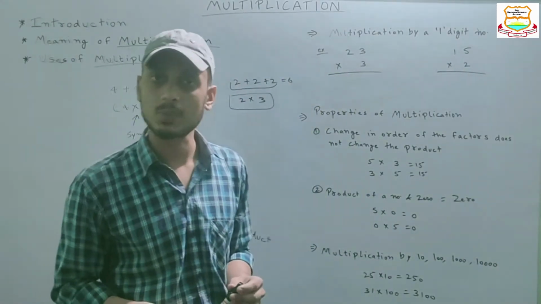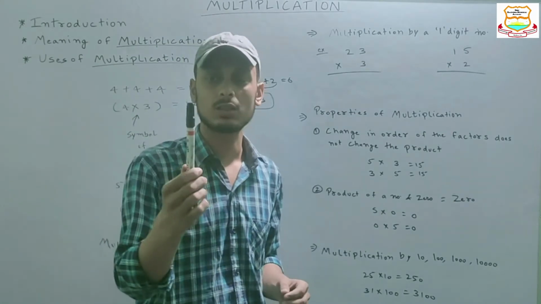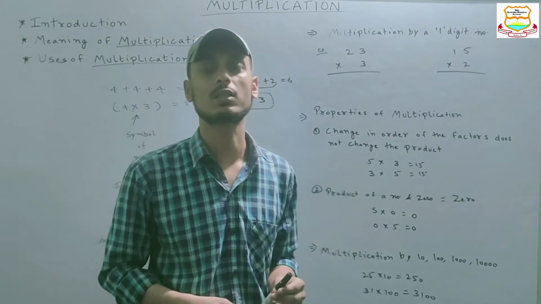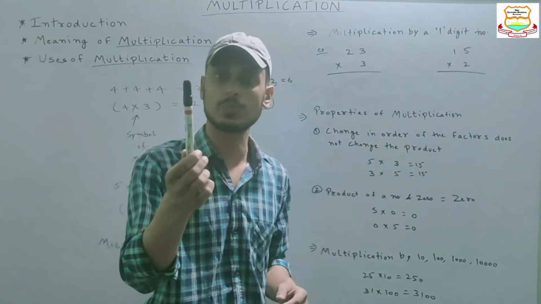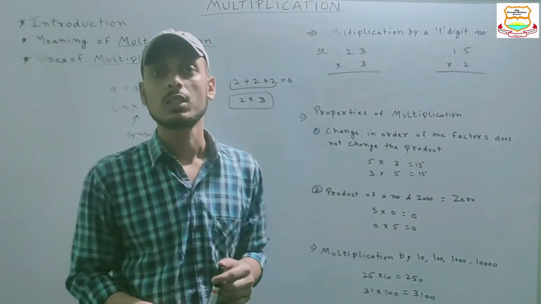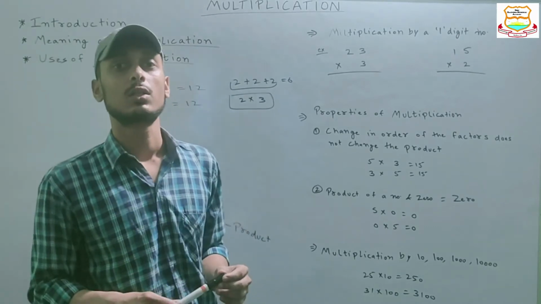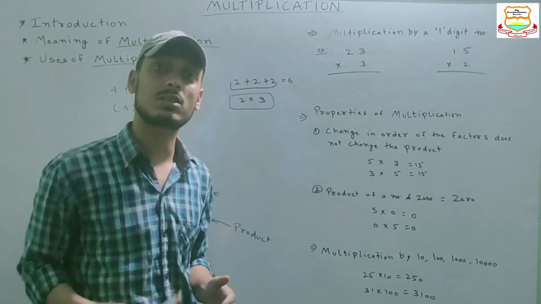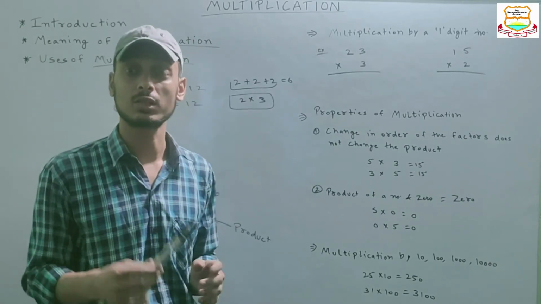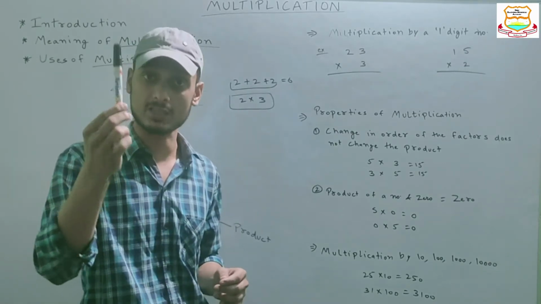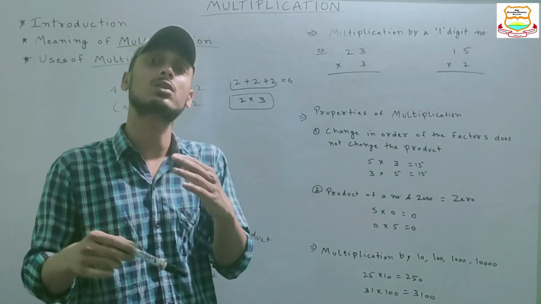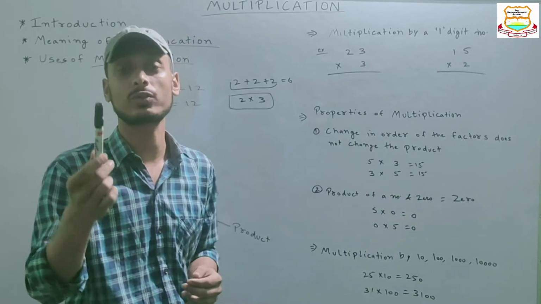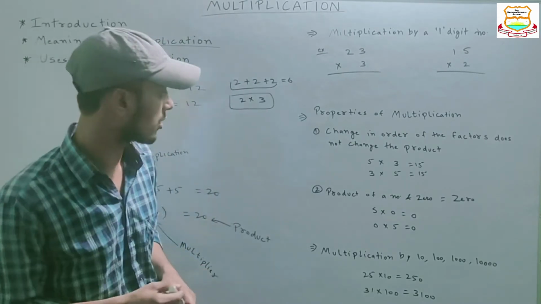example. Suppose this marker costs rupees 10. Means the cost of one marker is rupees 10. Suppose I ask you, what is the cost of such 5 markers? If the cost of one marker is rupees 10, then how can you find the cost of 5 such markers?